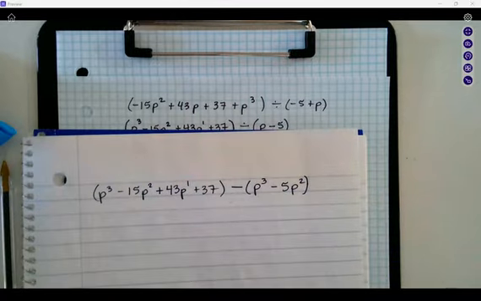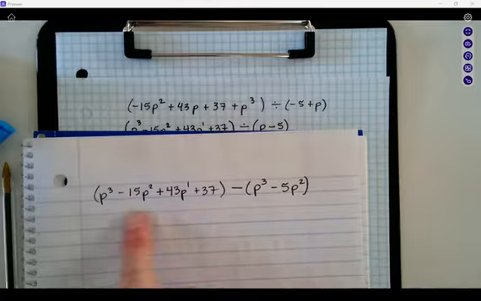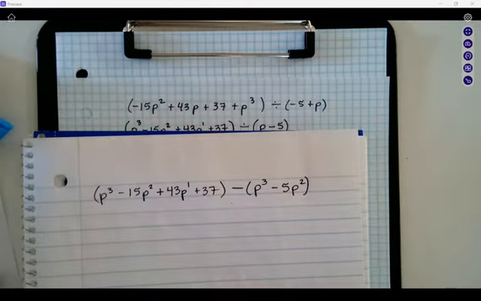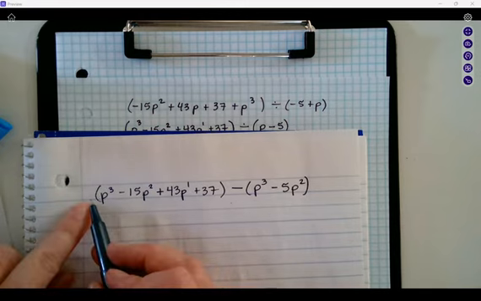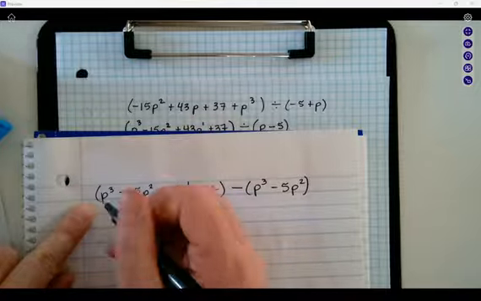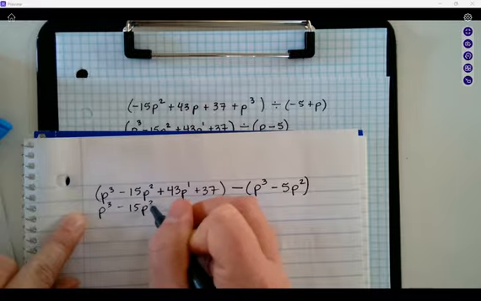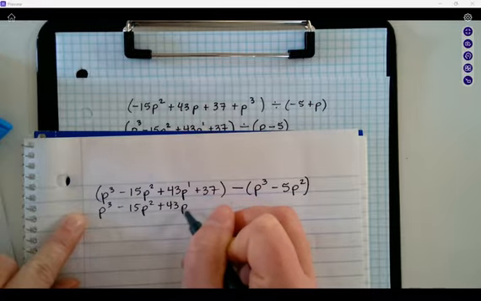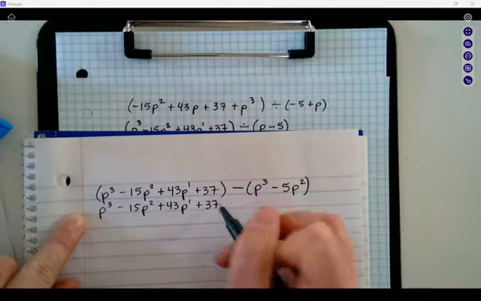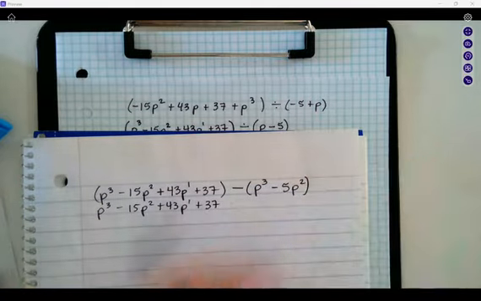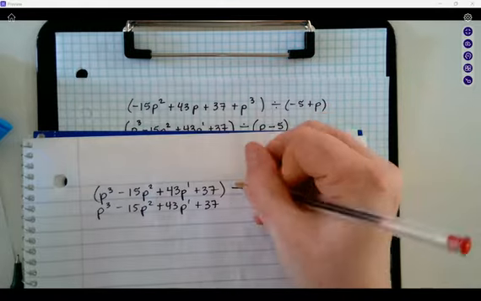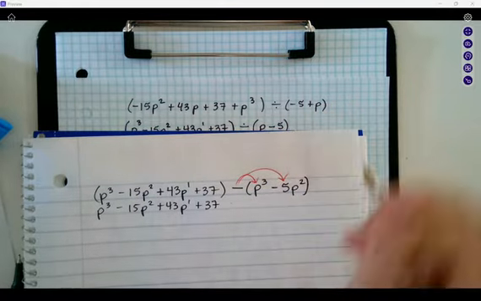You guys are used to seeing problems like this whenever we just did basic polynomial operations. And if you were to solve this problem, there's nothing out front of the dividend here that needs to be distributed, so we would just drop our parentheses. But this negative here, we would distribute that in.